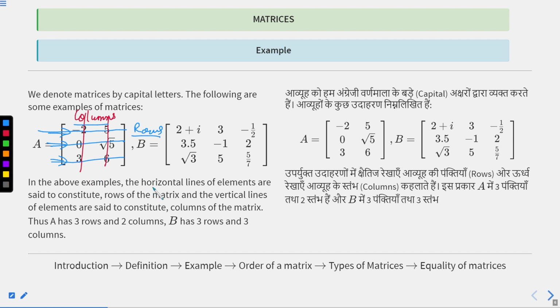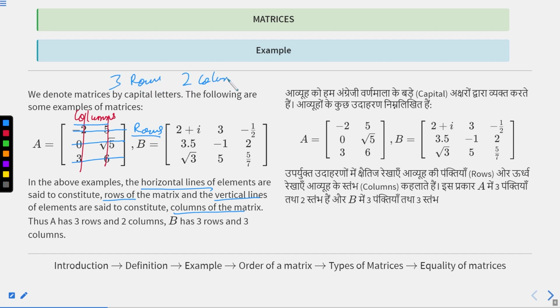As you can see, horizontal lines of elements are said to constitute rows and vertical lines of elements are said to constitute columns. Clear? So this matrix has 3 rows and how many columns? 2 columns.